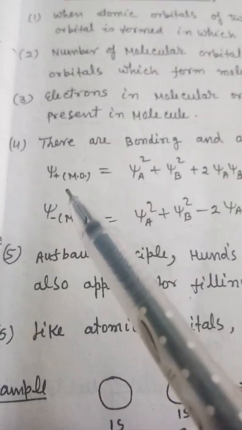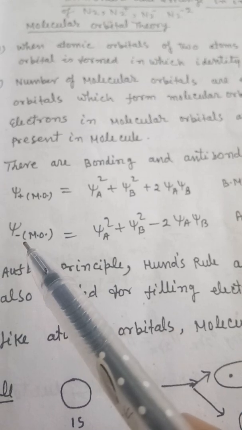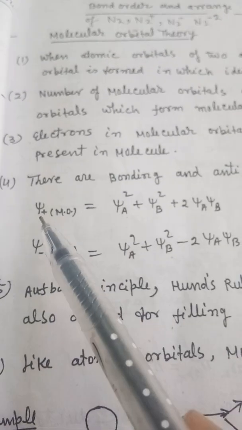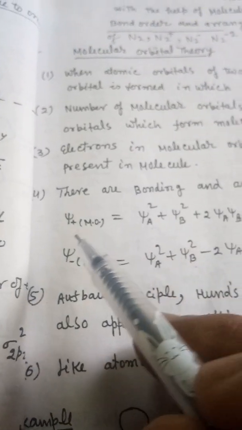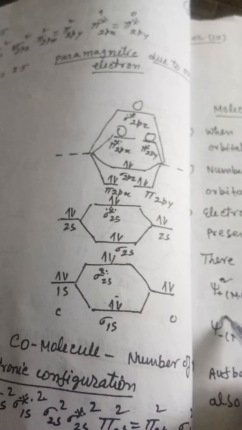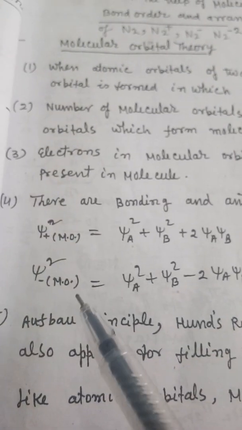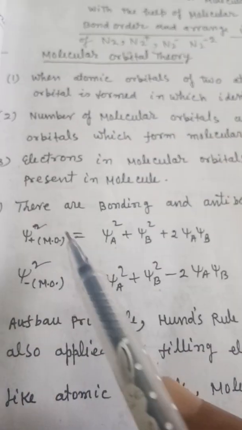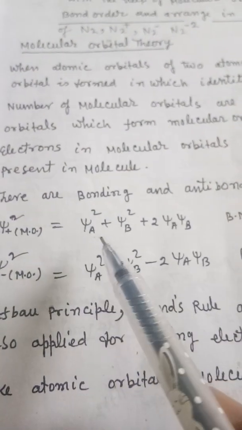If I say there is a bonding molecular orbital, it is represented by psi squared. This is the molecular orbital, and this is the atomic orbital.